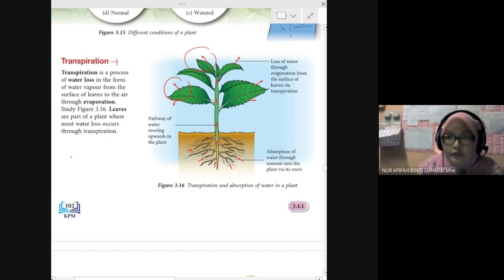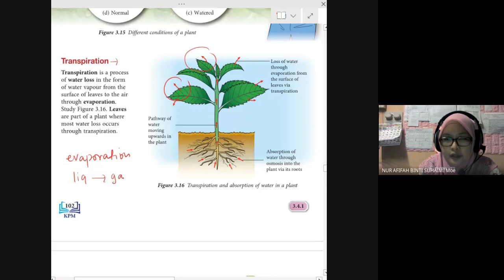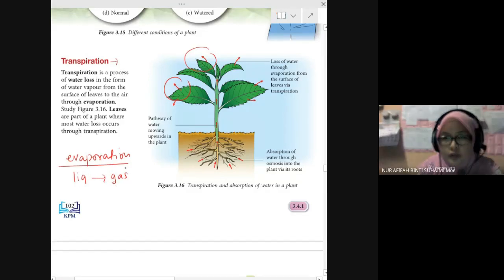Still remember the evaporation process, state of matter from liquid to gas. From water to water vapor.